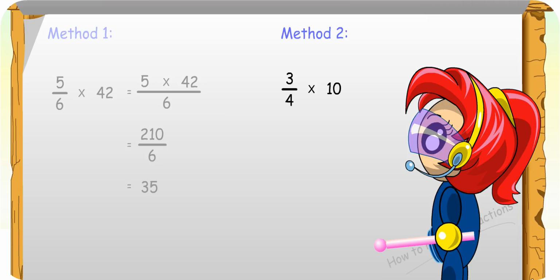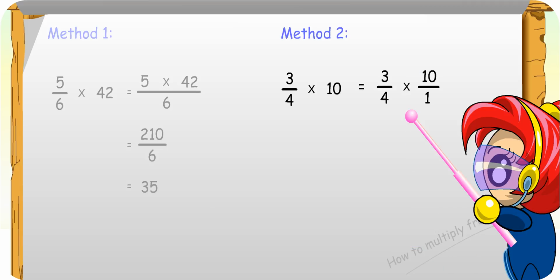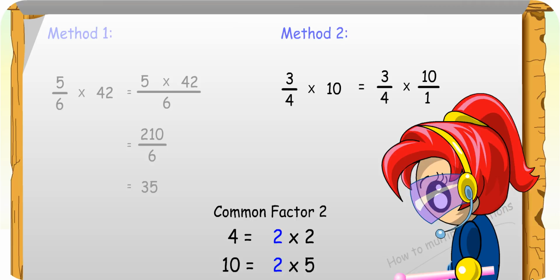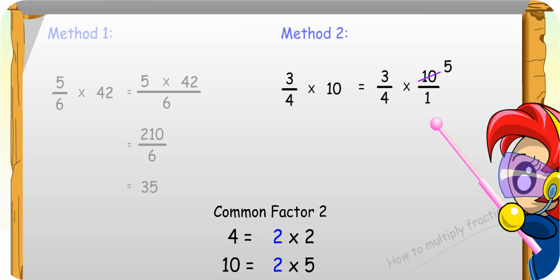First, I make the whole number into a fraction by dividing it by 1. So, 10 becomes 10 over 1. I then simplify the fractions by dividing the numerators and the denominators of both fractions by a common factor. The common factor of 4 and 10 is 2. When I divide the numerator of 10 by 2, I get 5.